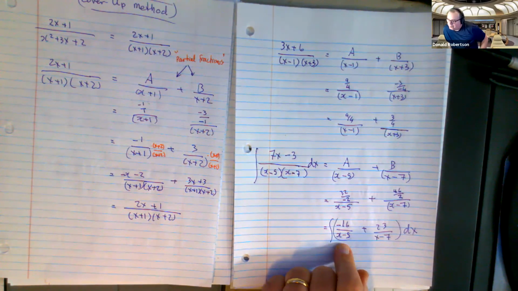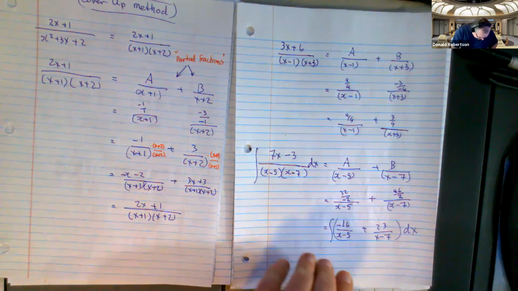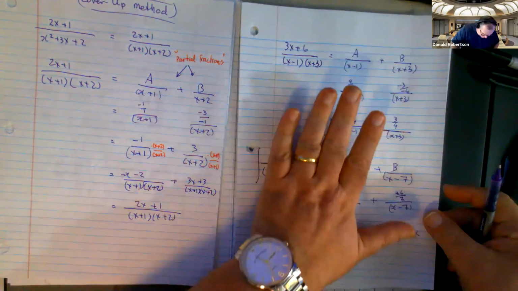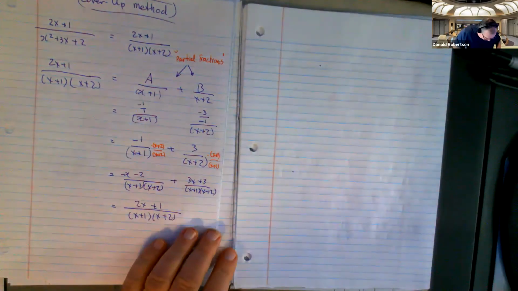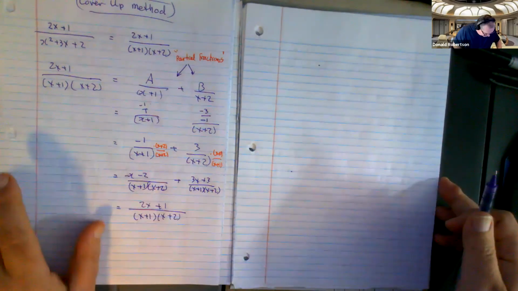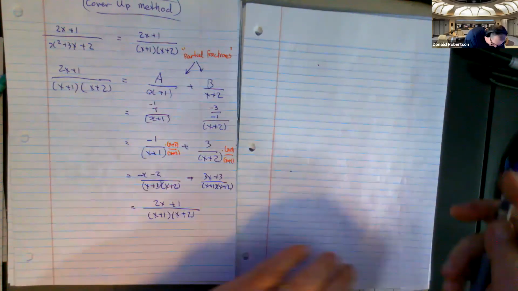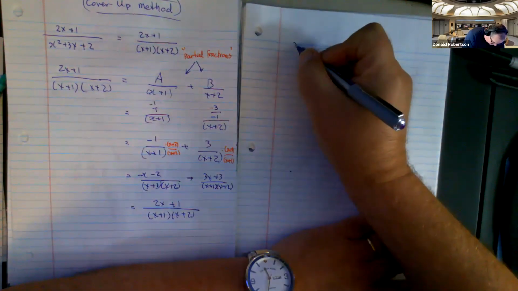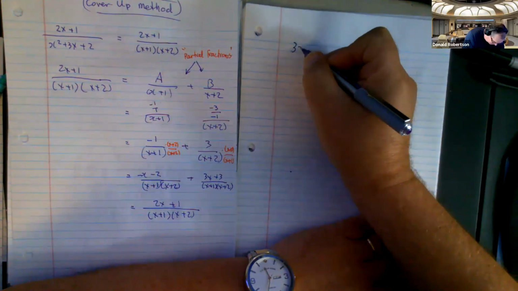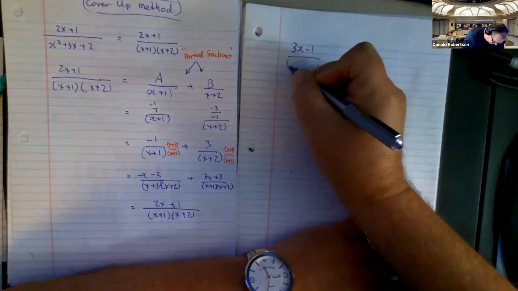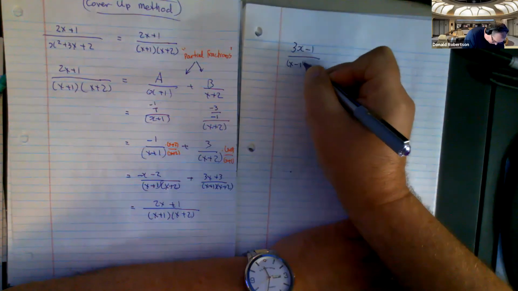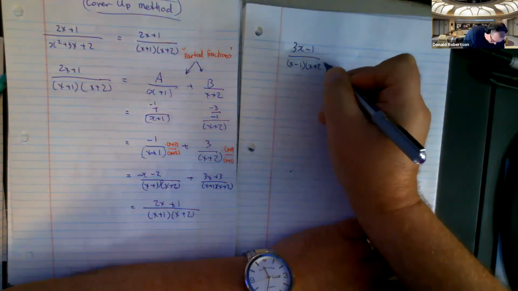Pretty cool. Now, there's one combination of this that we haven't done yet. But before we do that, I'm going to give you 2 to try yourself. That's the first one.